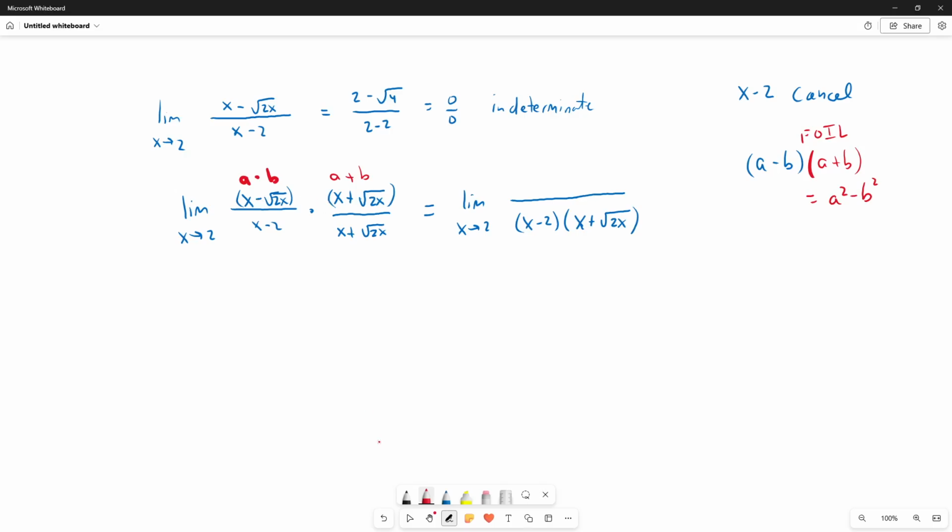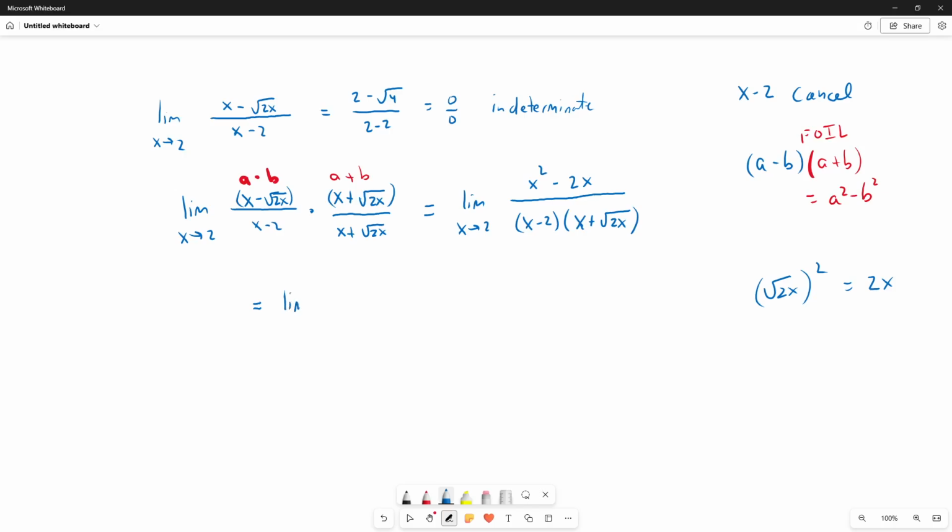So here, when we multiply, we're going to get x squared minus the square root of 2x squared, and the square root and the square cancel out, and you get 2x. So we get x squared minus 2x.